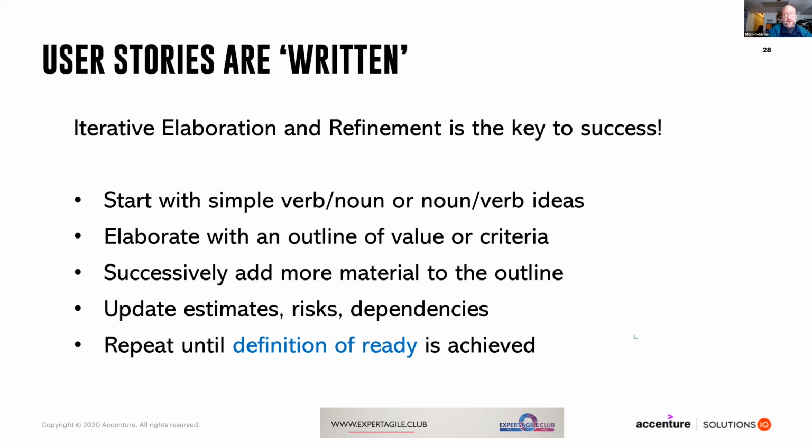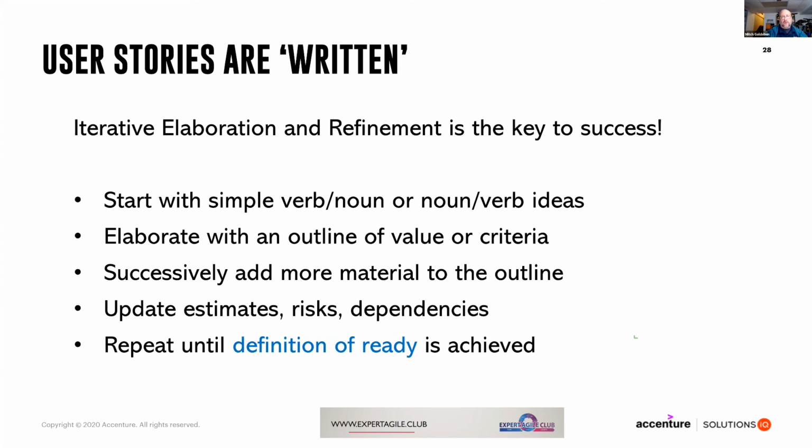And that's a whole other talk unto itself, but just in case you're not familiar with it, we say the definition of ready is part of a team agreement between the product owner and the team, or among the team, we could say, as to what constitutes when a story is ready to be engaged by the team. The simplest version of that is the INVEST mnemonic that we looked at a few moments ago.